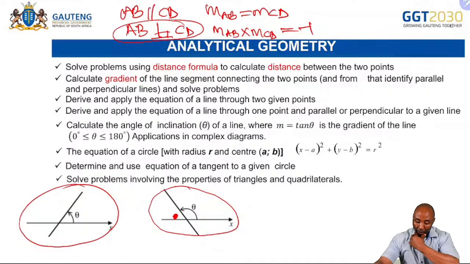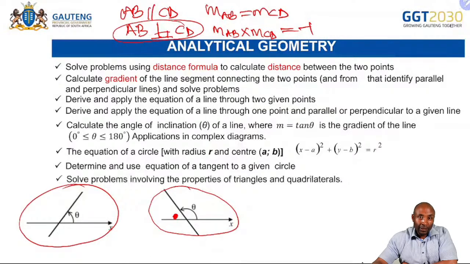We are going to solve problems involving triangles and quadrilaterals. We should revise the properties of the different triangles. Now, I always give this question: how many types of triangles do we have? And people normally say we have 4 types. We have 3 types of triangles. We have a scalene triangle. We have an isosceles triangle. We have an equilateral triangle.